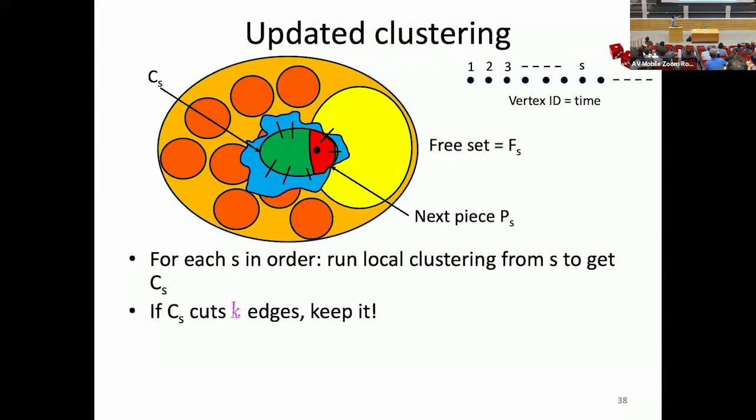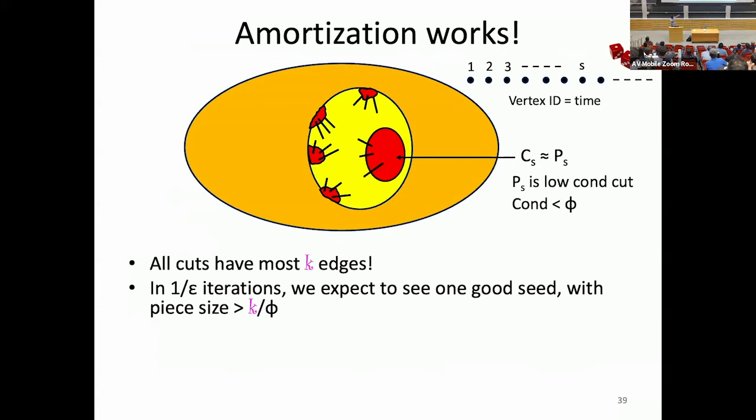And then you'll see that one good seed, and that will have a size of k divided by phi, where the phi was actually really small. So after 1 over epsilon iterations, think of it, you're going to cluster a large set. And even though you cut extra edges in those previous iterations, the conductance of this piece was so small that it was still worth it.